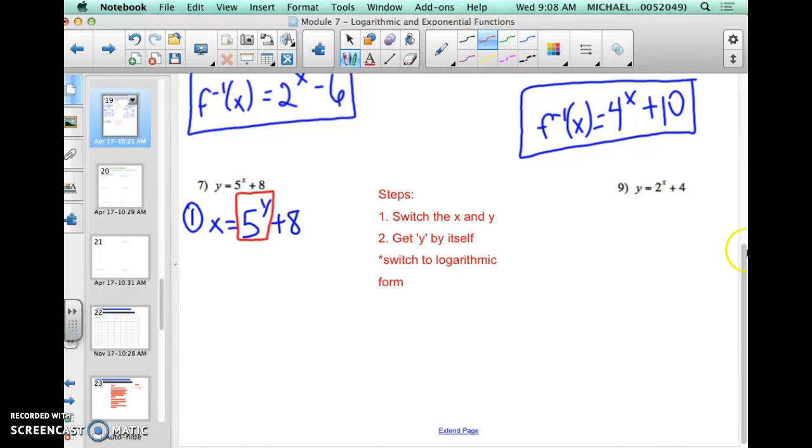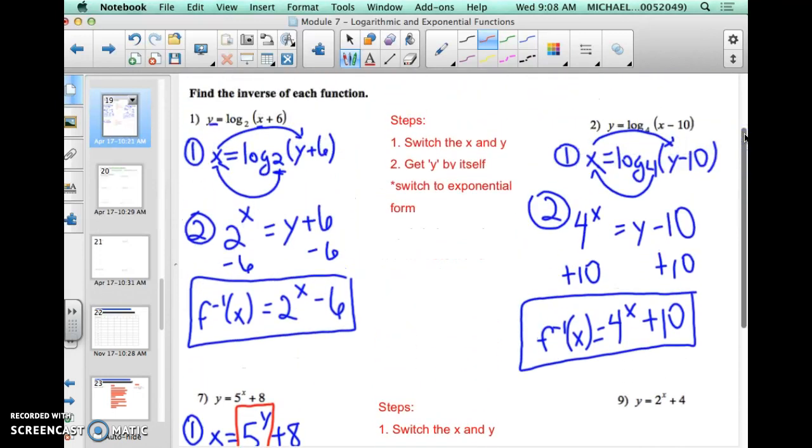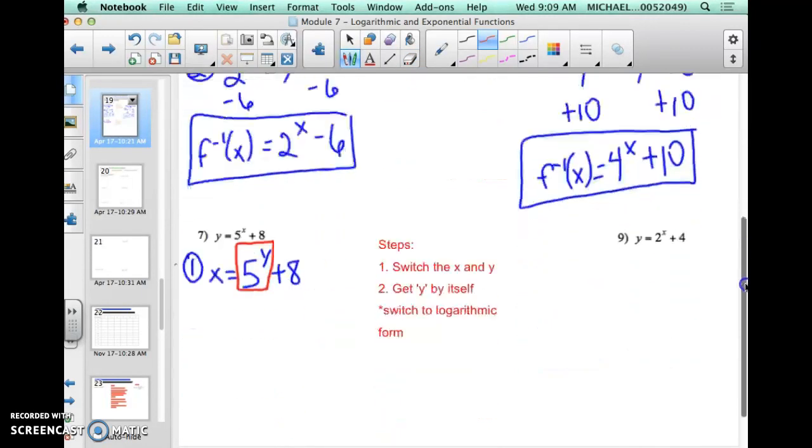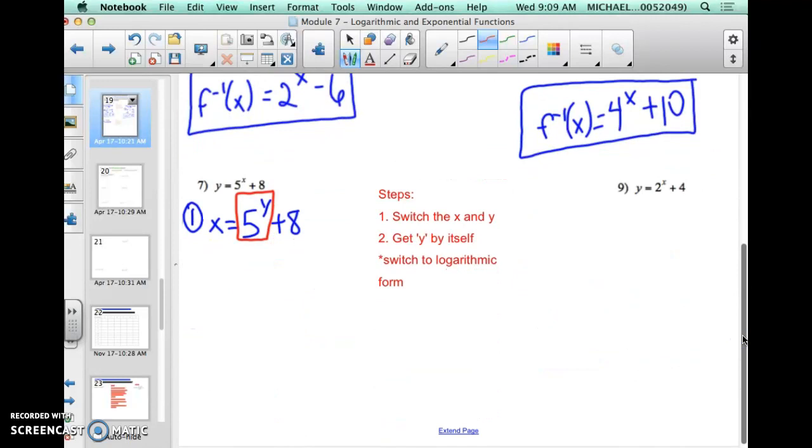Up here, I didn't have to do that because the log was already isolated, log base 2 of y plus 6. If there was like a minus 3 over here, then I would have had to do that. I would have had to add 3 to both sides, but I didn't have to because the log was already isolated. But now I have to isolate the exponential part, or the base with the exponent.